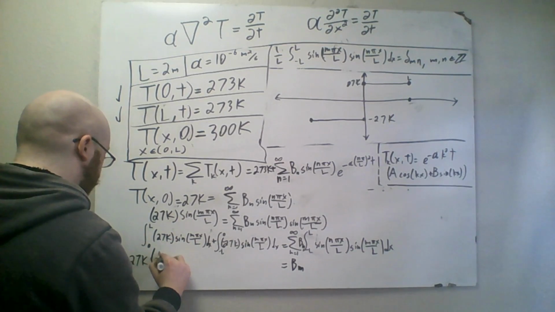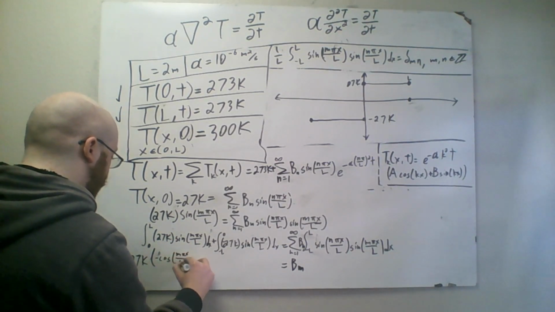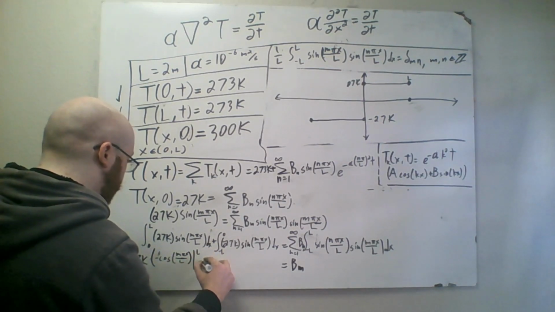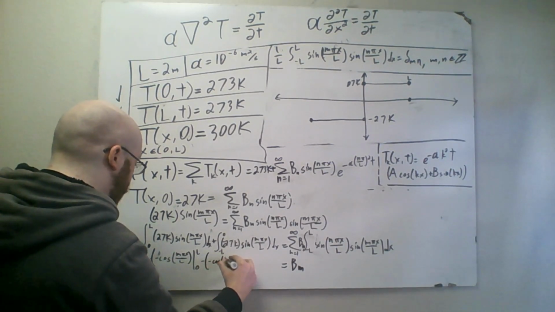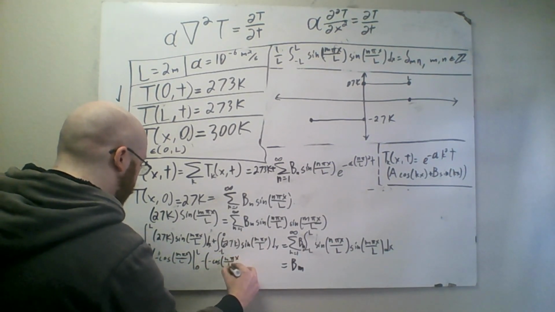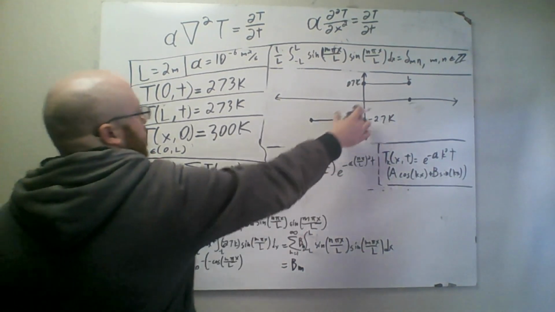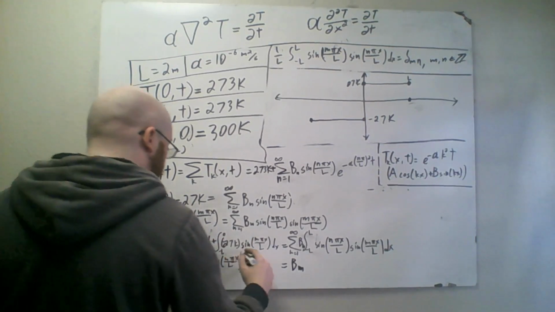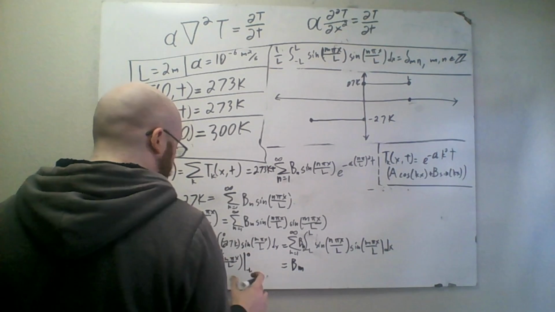So this becomes negative cosine m pi x over L, L0, minus cosine m pi x over L. Yeah, if we were a bit smarter, we could have noticed that this sine function times whatever our function is is an even function. It's not, so L0.